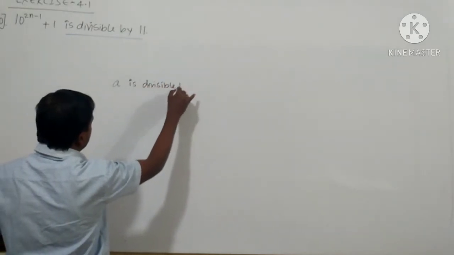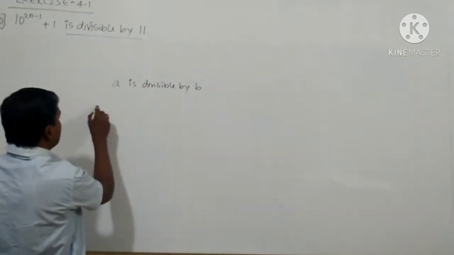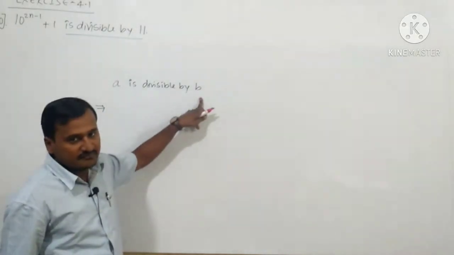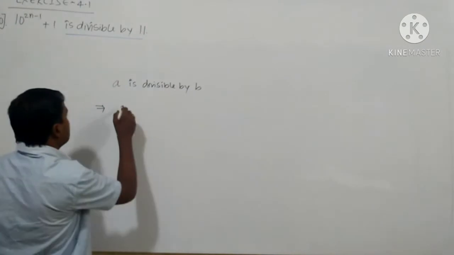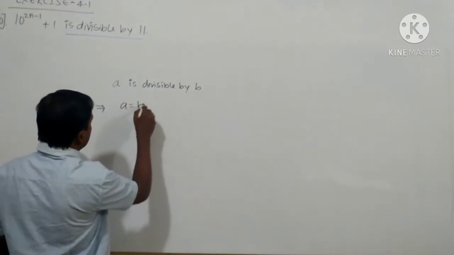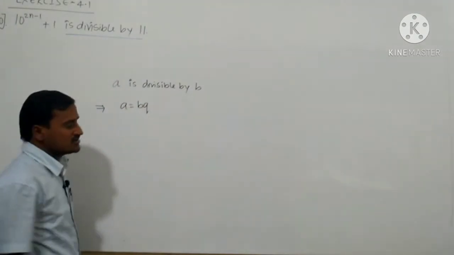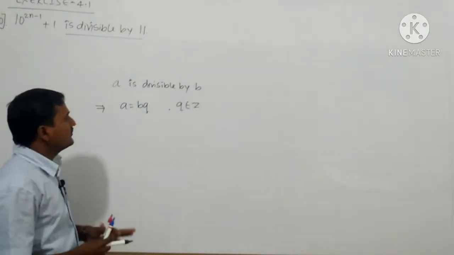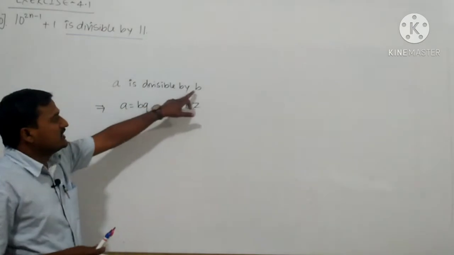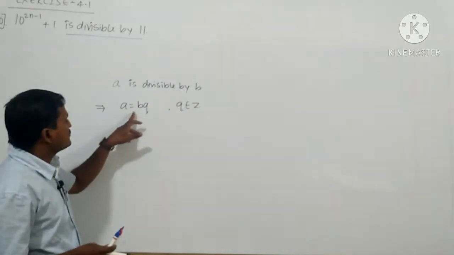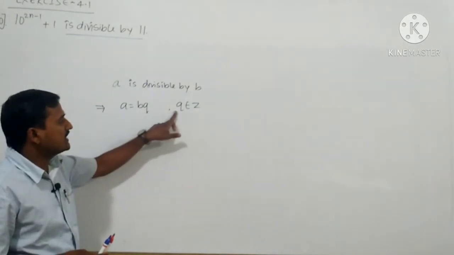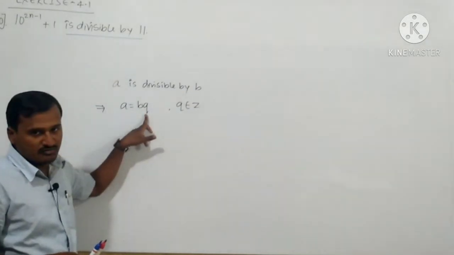This implies we will write a is equal to b into some number q, where q belongs to Z. So if a is divisible by b, then there exists an integer q such that a is equal to b into q.